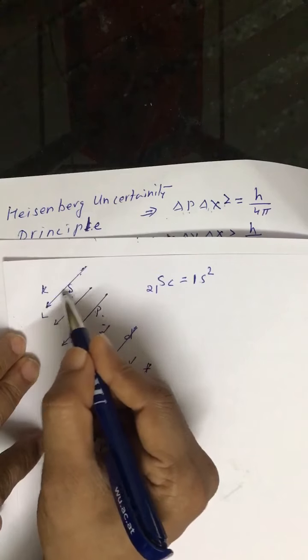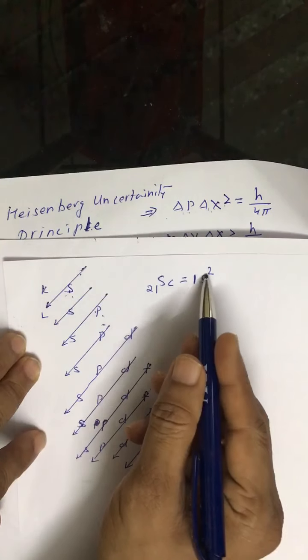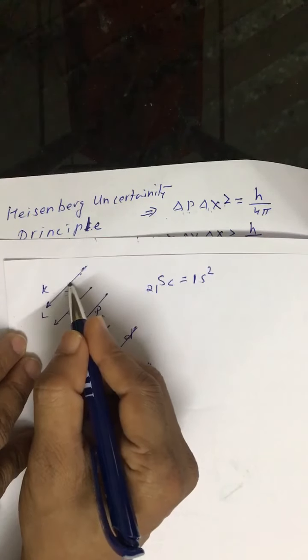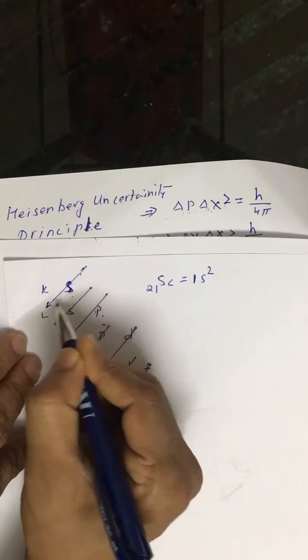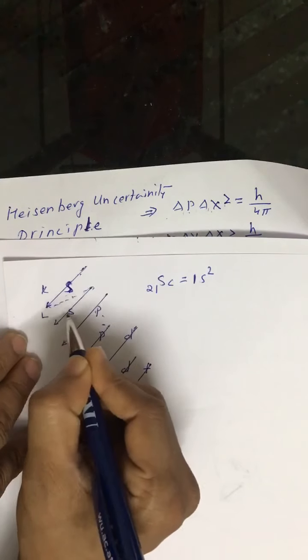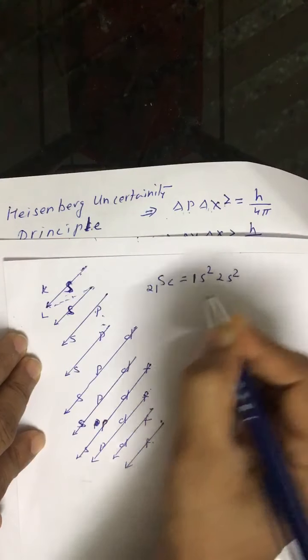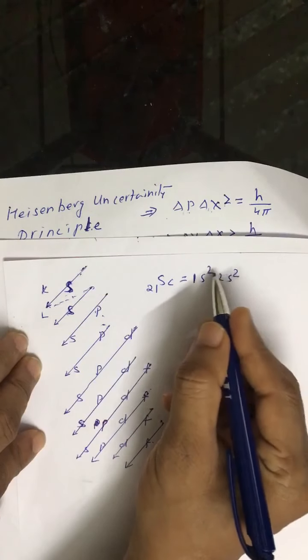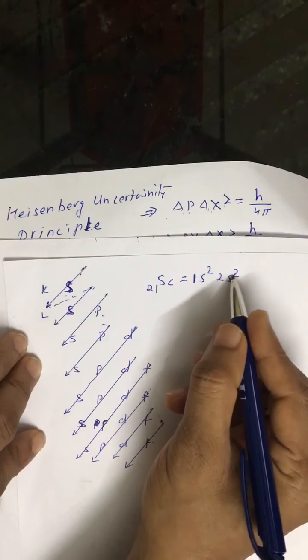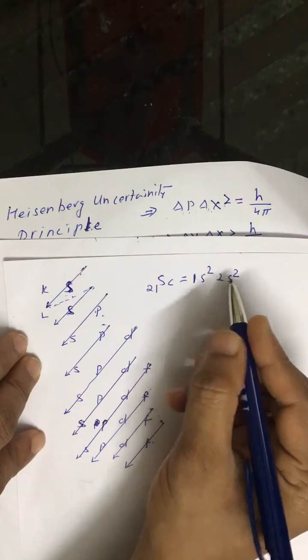This is 1s2. S can contain a maximum of 2 electrons, and after 1s is filled, the electron will go to 2s, so it is written 2s2. We don't say 1s square 2s square, we say 1s2 2s2.